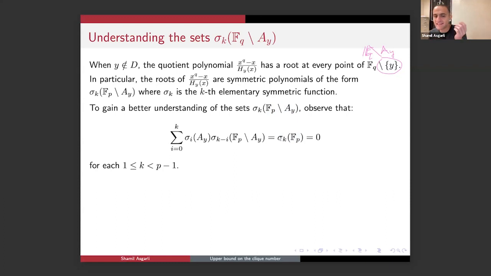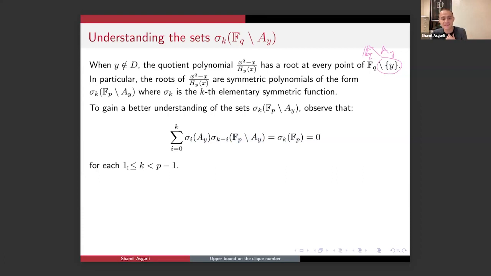So this is just the kth symmetric polynomial. Then it's easy to see that you get a representation of this in this form. It's a sum over all i going from 0 to k of sigma i of ay times sigma k minus i of Fp minus ay. And the reason is that every term consists of picking i terms from ay and picking k minus i terms from the complement of ay.